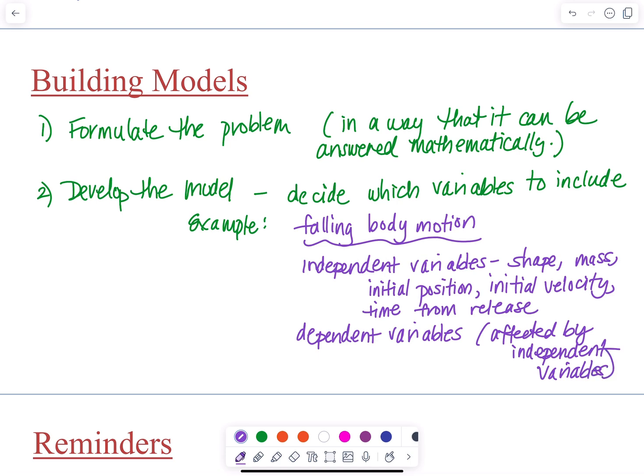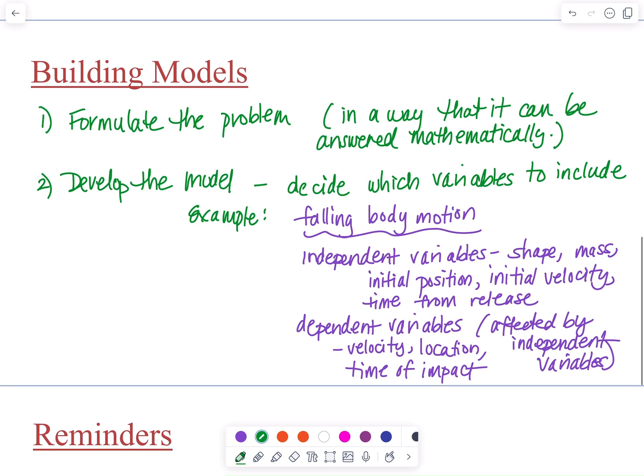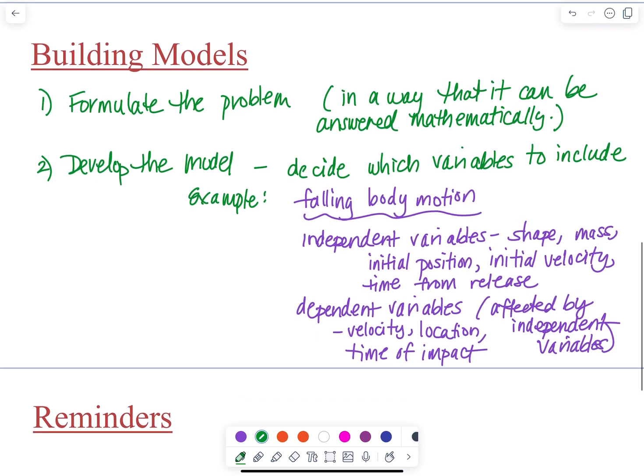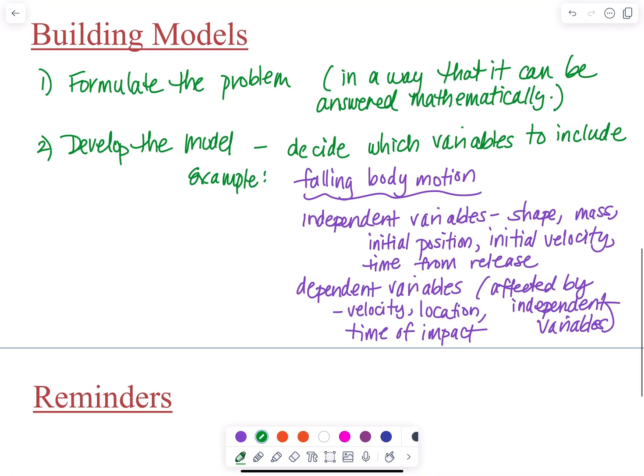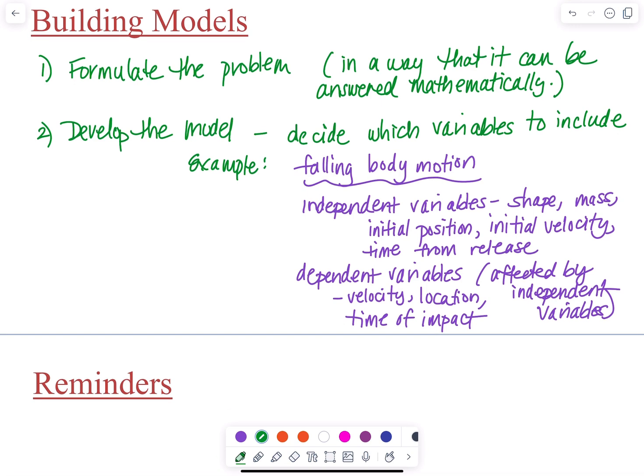And those might be velocity, location, time of impact, etc. Okay, and we will need to determine or specify the relationships.